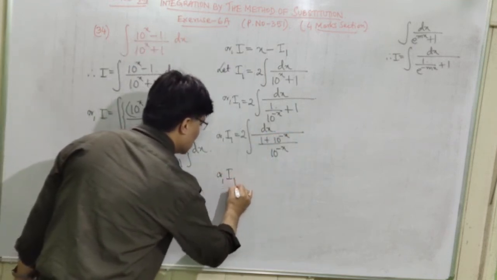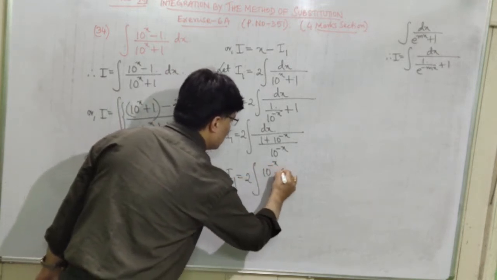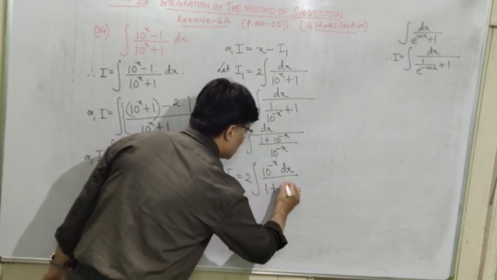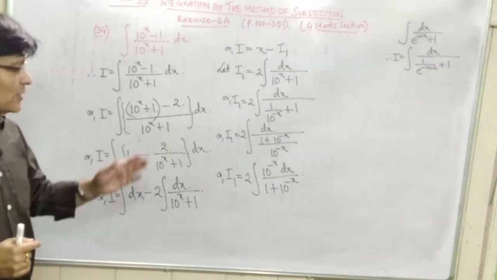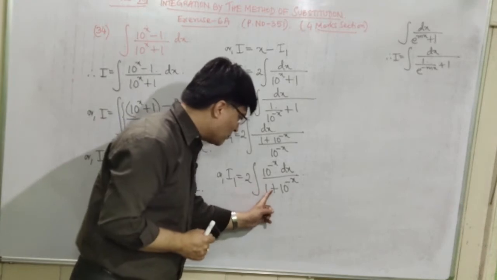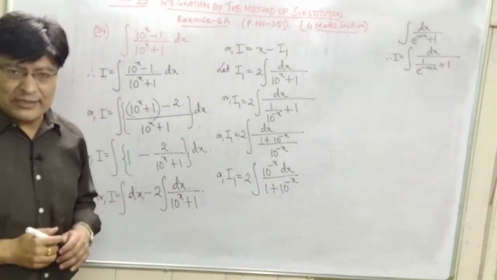Or this is I1 is equal to 2 integral of 10 to the power minus x dx divided by 1 plus 10 to the power minus x. Now you can do the method of substitution, because if you differentiate 1 plus 10 to the power minus x, you may get 10 to the power minus x in the numerator, isn't it?